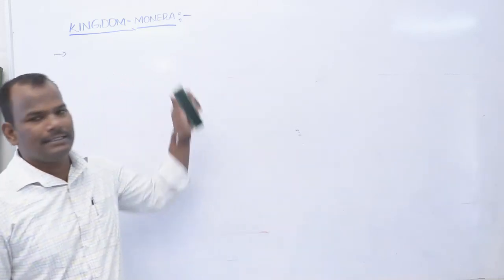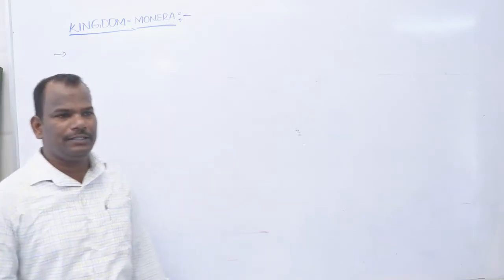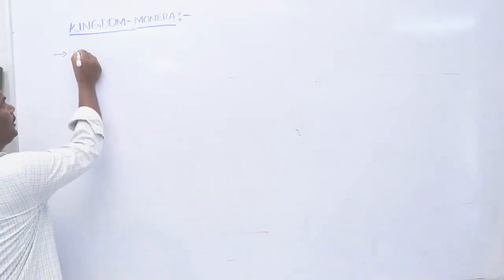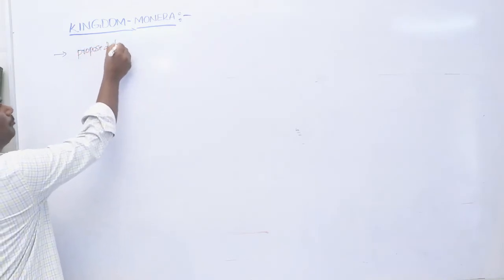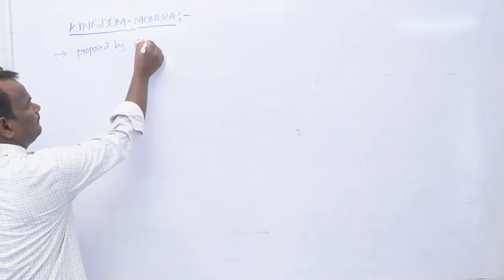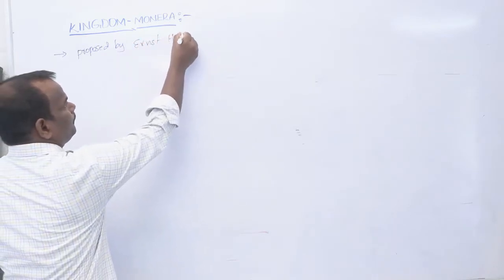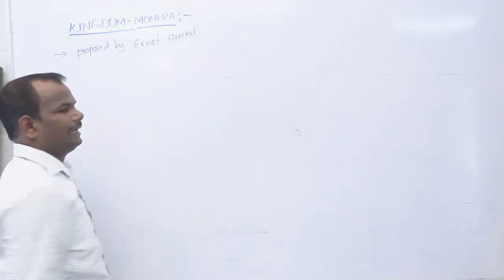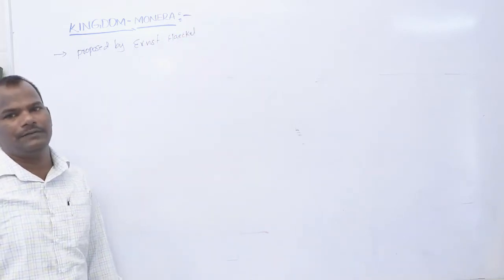So today we will discuss Kingdom Monera. Kingdom Monera was first proposed by Ernst Haeckel as the fourth kingdom of biological classification.